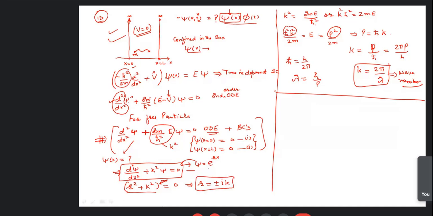So I can write my solution, wave function psi, straight away, as an arbitrary constant a times cos kx plus b sine kx.